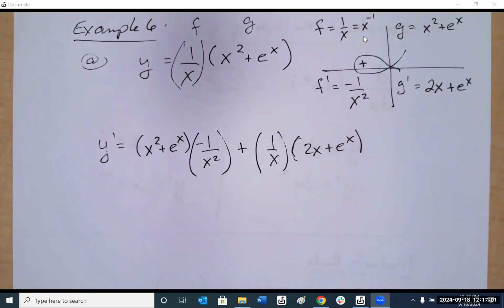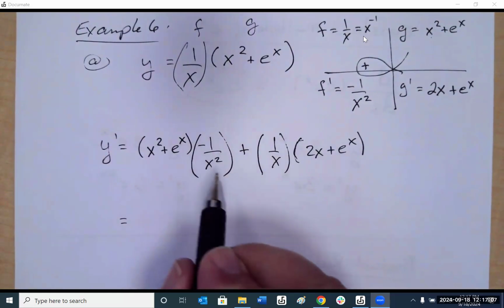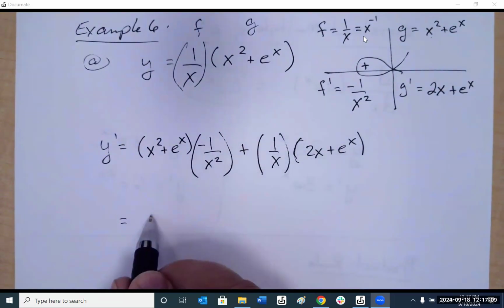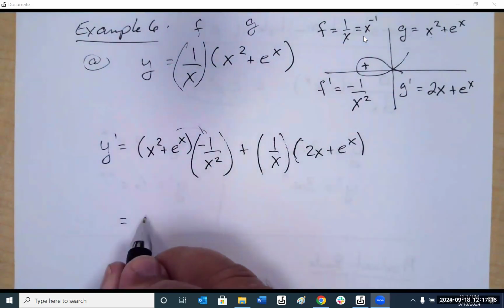And go ahead and simplify that. It's negative, so we distribute the negative and divide everybody by x squared.